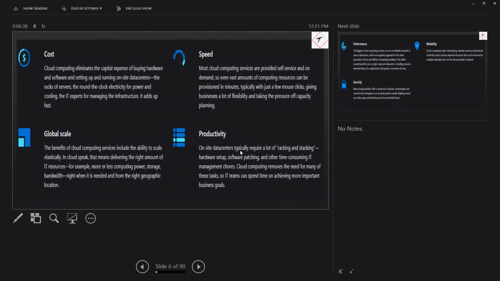So some of the benefits of cloud computing: it eliminates the capital expense of buying hardware and software, and also setting up and running on-site data centers.